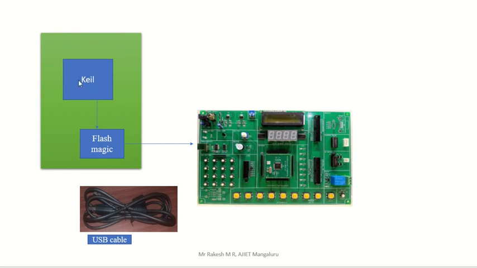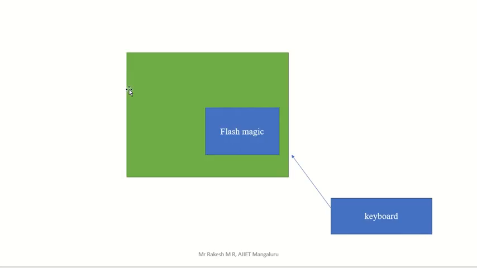That is converted to a hex file. That hex file is loaded into the LPC2148. Once that is loaded, automatically that message, whatever you given, hello world, is displayed on your computer. That is the half duplex concept. But in the full duplex concept we give input here, and that is shown here on the computer monitor. This is the full duplex method.